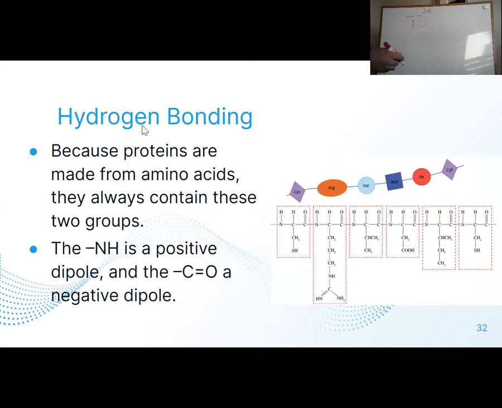And we know that nitrogen and hydrogen is polar, so it's always going to have positive hydrogen, which is left floating out here. Carboxylic acid is always going to be a negative dipole with oxygen being minus. So we get a hydrogen bond being formed, which is really strong.